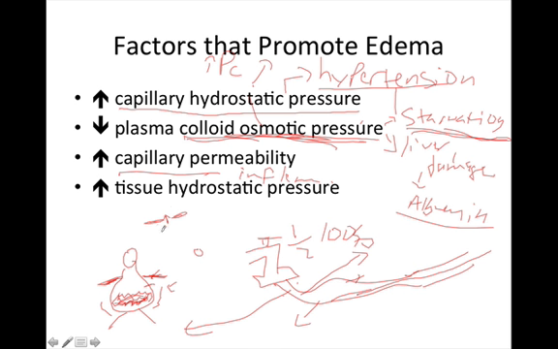And what happens when this happens is we drive proteins out of the bloodstream, out of the capillaries, and these proteins accumulate in the tissue spaces, thus increasing the colloid osmotic pressure of the interstitial fluid spaces. And then this will draw more fluids from the bloodstream into the tissues.